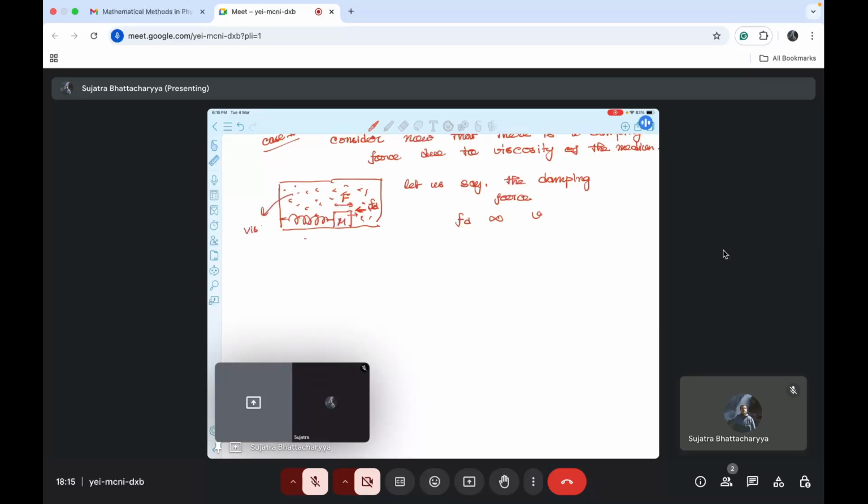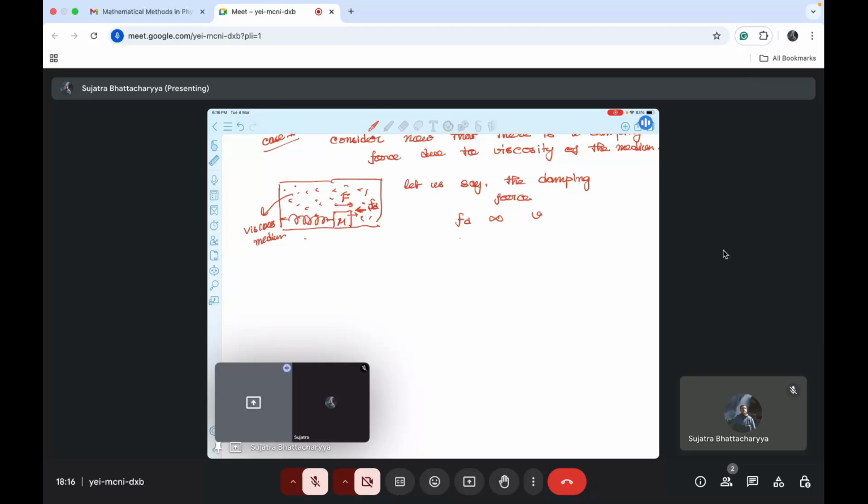So this is how we are looking at this experiment. We are saying that the damping force is proportional to the velocity of the movement of the mass.